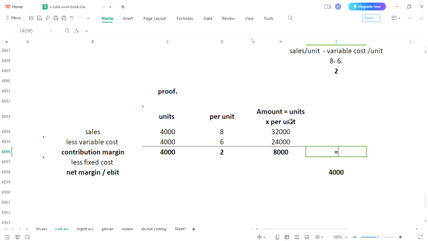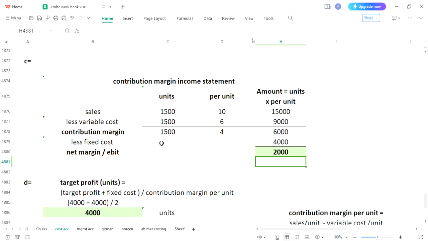The second way to calculate your contribution margin is to differentiate. Take the difference between sales and variable cost. Sale was 32,000. You will subtract your variable cost, total 24,000. In the same way you have calculated your contribution margin. This was just for understanding. You can erase it. Now the fixed cost which we have used was 4,000.